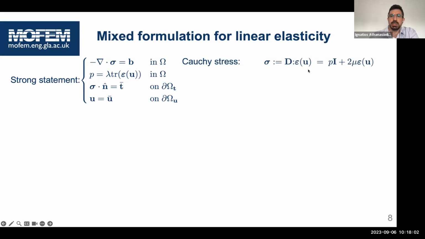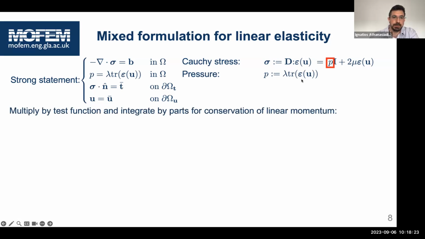So again, the Cauchy stress is decomposed, but now this parameter is not calculated in the first equation through this relationship, but is kept as an auxiliary parameter. And in the second equation, we introduce the relationship of the pressure and the trace of strains.